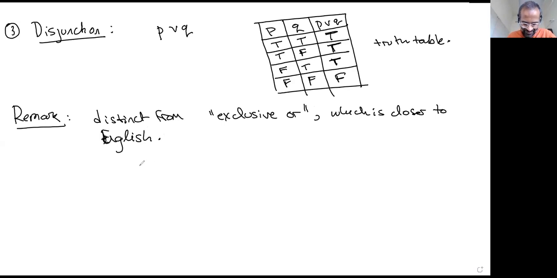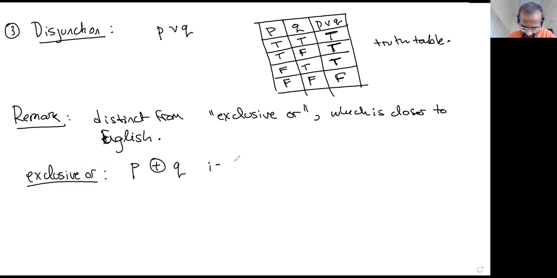So exclusive or is another logical operation, denoted with this plus with a circle around it. We won't be using it too much in this course, but this is another logical operation.